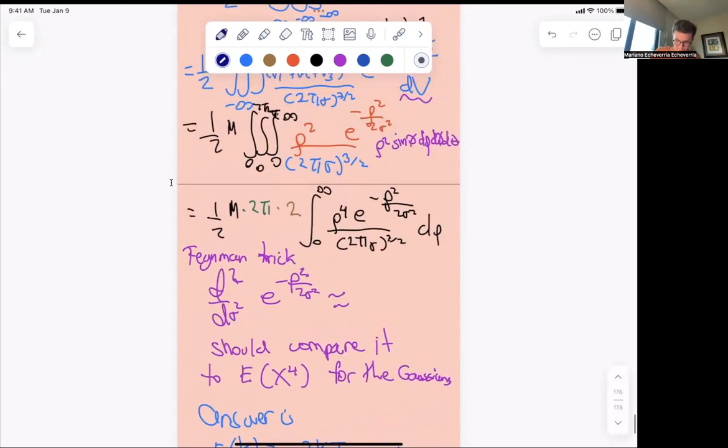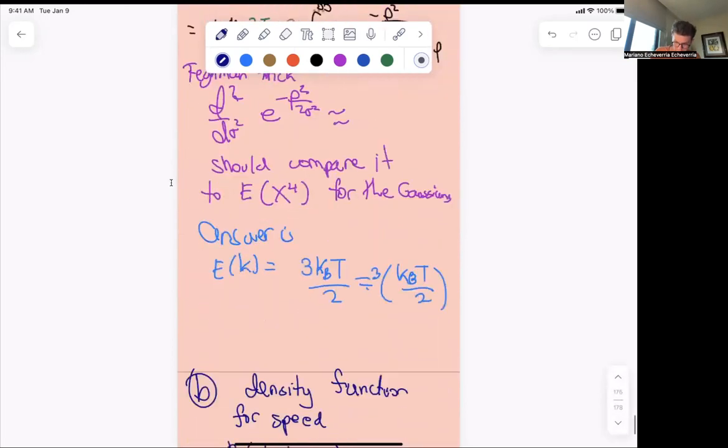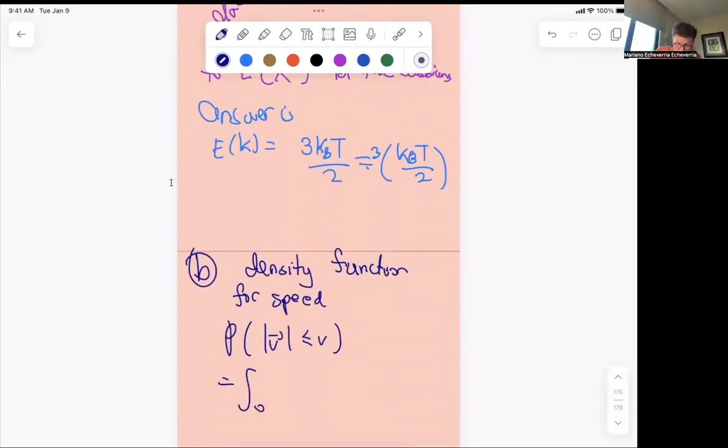And again, that will be this triple integral in spherical coordinates. It's very similar to what we were doing. It's just that this would be the probability that the speed squared is less than or equal to v squared.